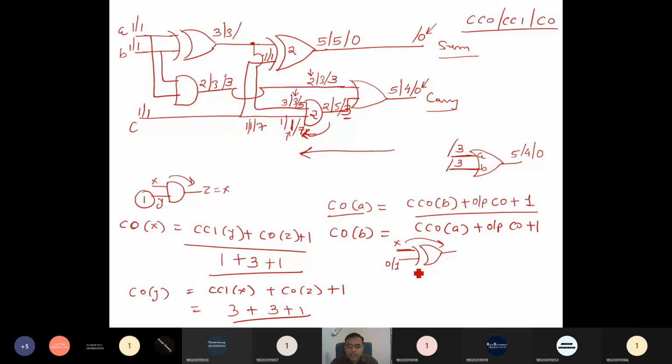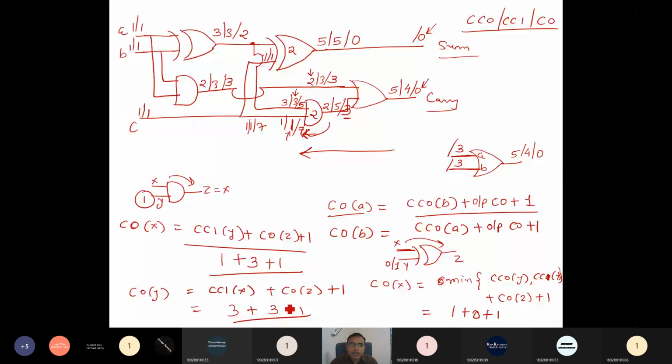Suppose this line is X, this line is Y and this line is Z. So the equation of CO of X is the minimum of either CC0 of Y or CC1 of Y, plus CO of Z plus 1. So what is the minimum of CC0 of Y or CC1 of Y? Whichever of the two is the minimum, we have to take into consideration to calculate this CO of X. But here both values are the same, 1 and 1. So the minimum is 1 plus CO at the output, which is 0, plus 1. So this value is equal to 2.